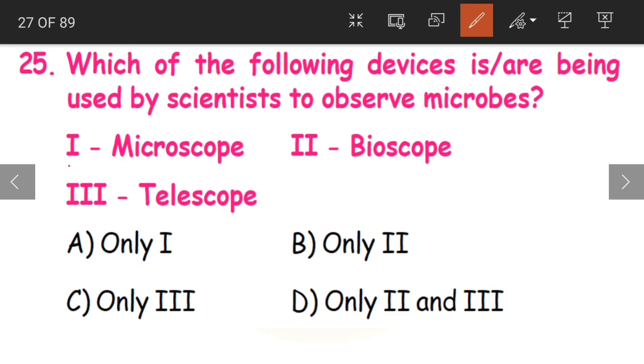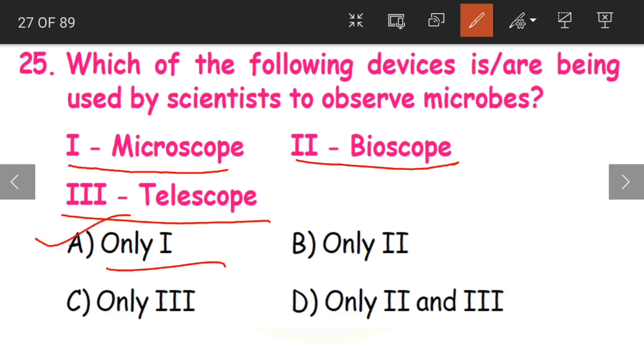But if you want to see and study them, scientists use one particular device. Which is that device? Is it microscope, bioscope or telescope? And the answer is the microscope.